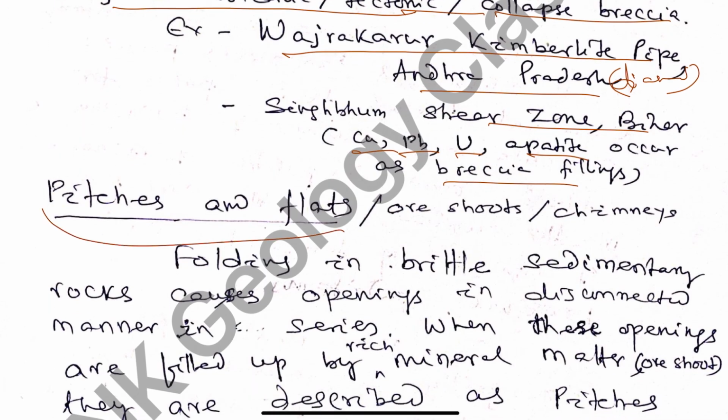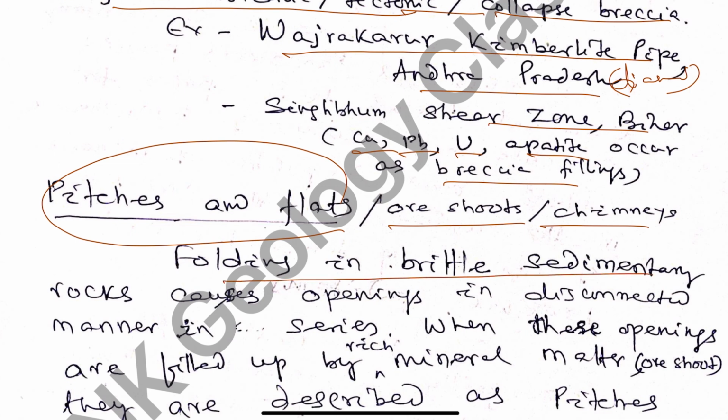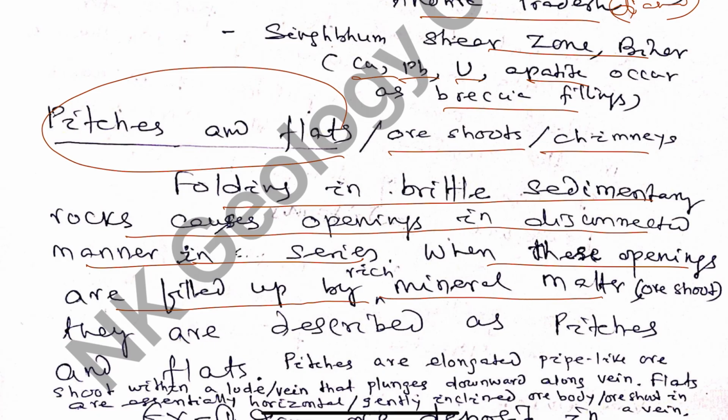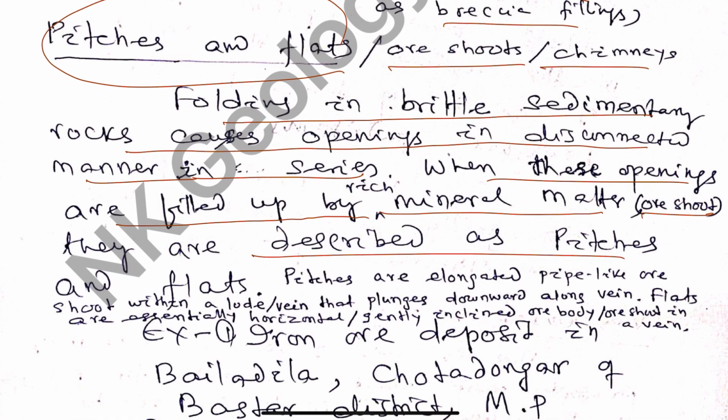Then let us discuss what pitches and flats are. These are the ore shoots or the chimneys. Folding in brittle sedimentary rocks causes openings in a disconnected manner in series. When these openings are filled up by rich mineral matter, that is ore shoots, they are described as pitches and flats.